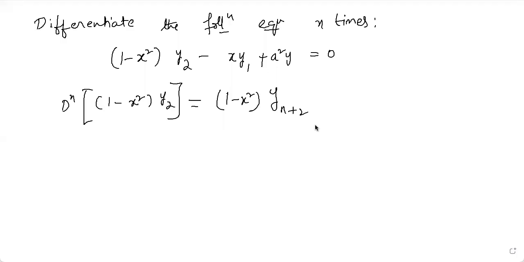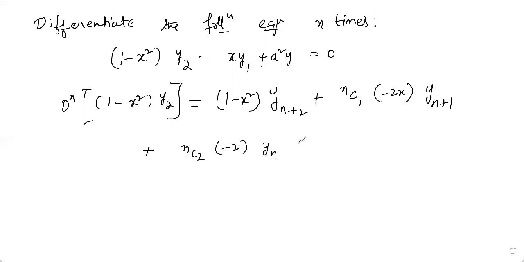Plus, now we have nc1 by using Leibniz, nc1, this is minus 2x, because differentiation of 1 minus x square is minus 2x, and this will be y n plus 1, plus nc2, and differentiation of minus 2x will be minus 2, and this will be yn. We got this.